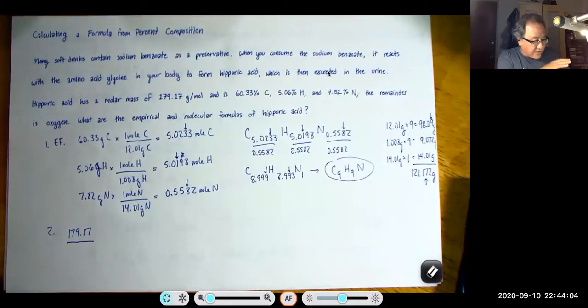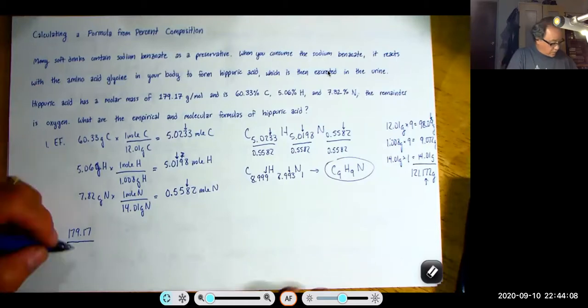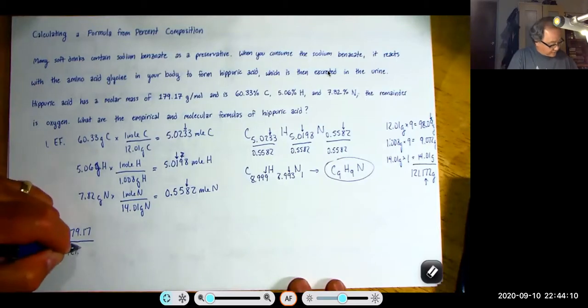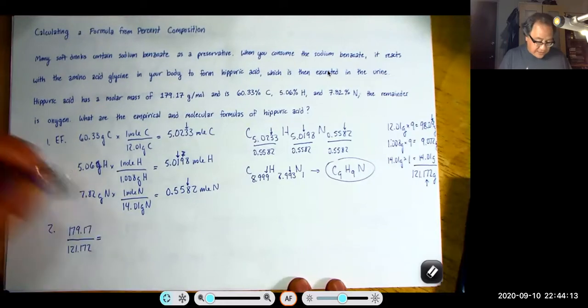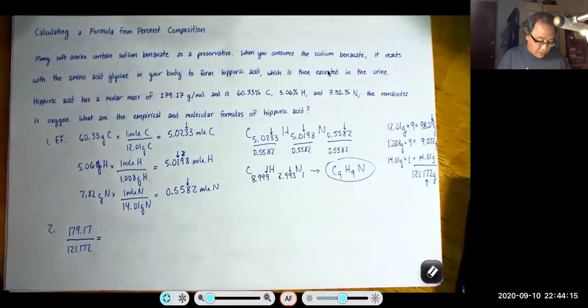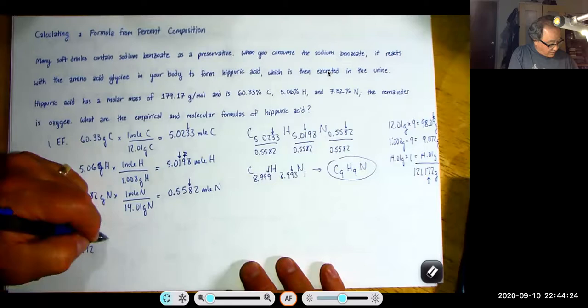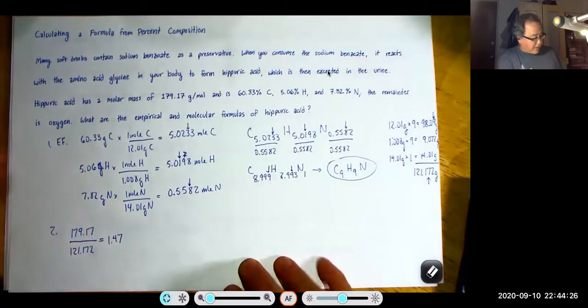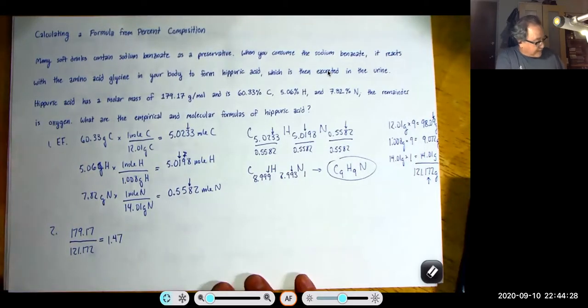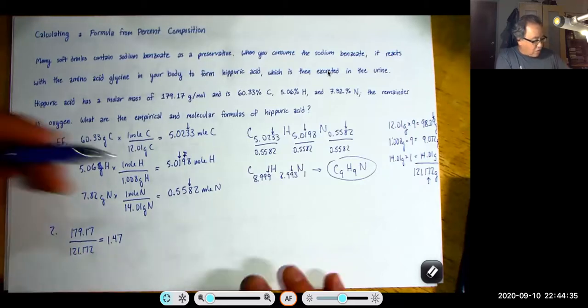I'm not sure if it's going to work out, I'll be honest with you. 121.172 and 179.17 divided by 121.172, and I get 1.47. So that's my multiplier, if you will. And I got to be honest, there's something a little off about this. And I'm trying to figure out what it is by looking at all of my work here.